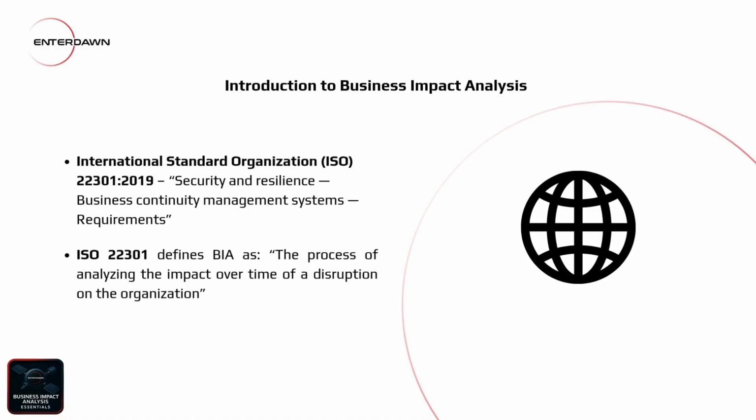ISO 22301, which stands for the International Standard Organization, is like a global playbook for BCMS and guides organizations on how they can stay up and running during a crisis. ISO defines BIA as the process of analyzing the impact over time of a disruption on the organization.